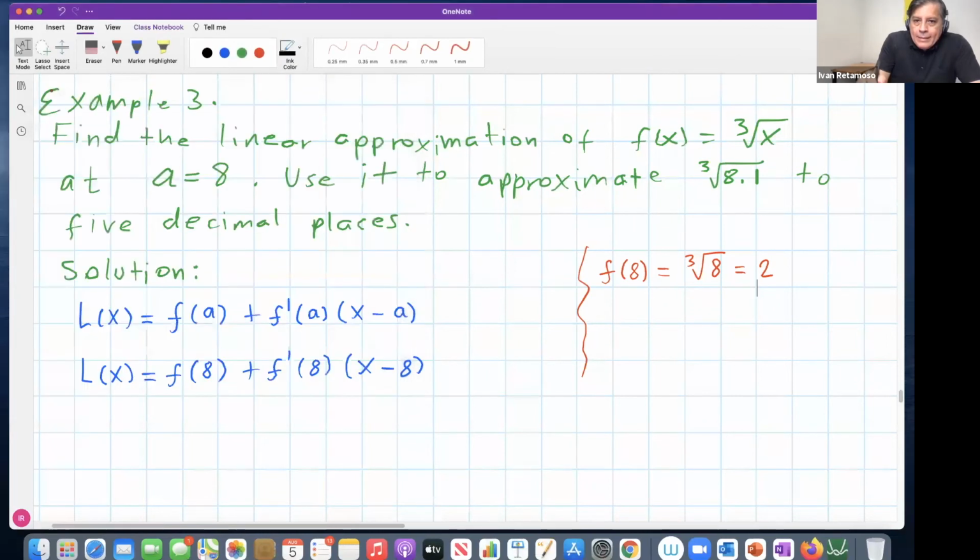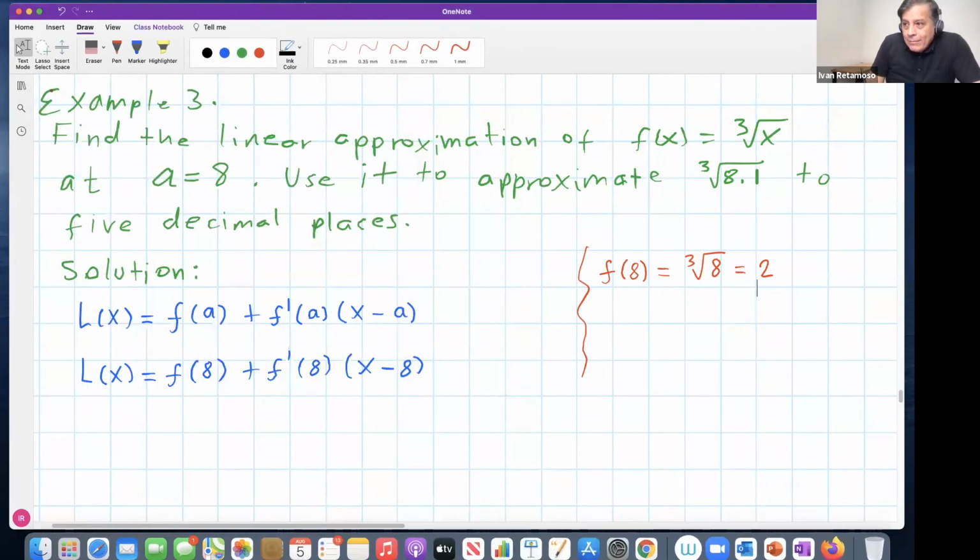Great. Now, the derivative. For the derivative, we have to do this. The derivative of this function is going to be equal to what? Well, notice that the function itself first is cube root of x, right? I can write it as x raised to 1/3, right?